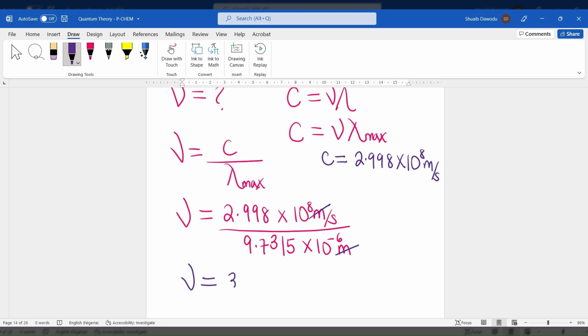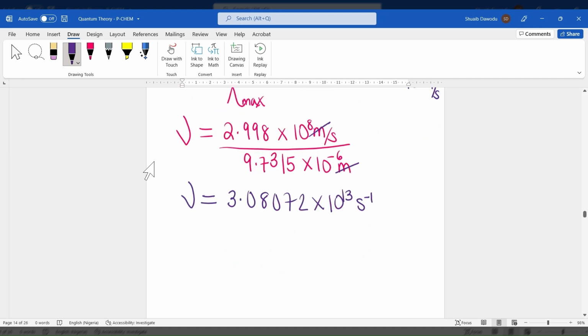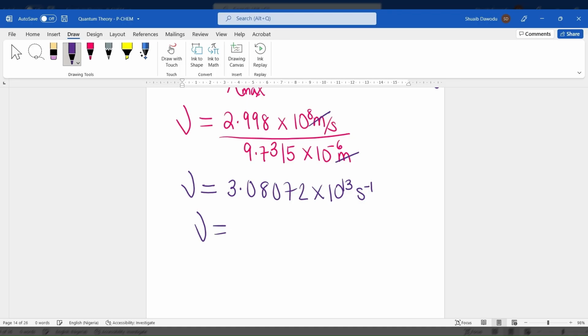So that ends up becoming 3.08072 times 10 raised to the power of 13 seconds minus 1, or seconds raised to the power of minus 1. Or you can simply say the frequency is equal to 3.08072 times 10 raised to the power of 13 divided by seconds.